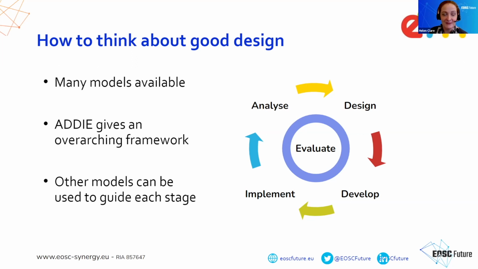Quite often people just start creating materials and don't necessarily think through what it is they're trying to do, who the audience is, etc. So it's really important to think about the analysis stage, what is it you're trying to do, and then the design stage, how you actually design your training to achieve those objectives. So in the pre-reading, we did give you links to forms, which you may want to use if you don't have anything like that, which guides you through the analysis stage and the design.